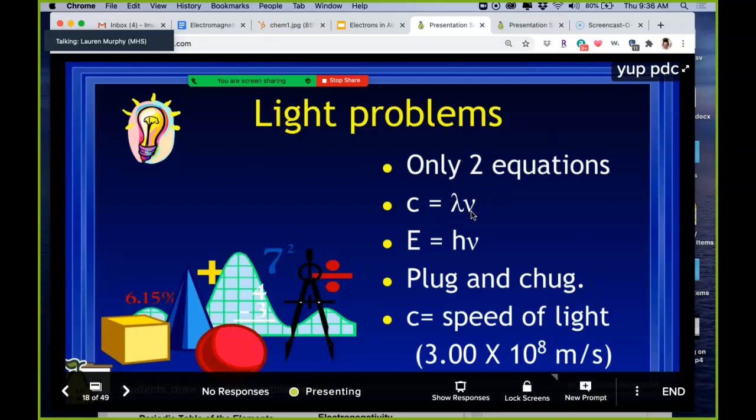Both equations have frequency in common. So if you know one of the equations, you could solve for frequency and plug into the other. So like you could use the top equation to solve for frequency and then plug the frequency into the energy equation. And then remember, c and h are constants. You don't have to memorize them, but you just have to know how to use them and their units. You always have to label sig figs and units for any math we do in here.